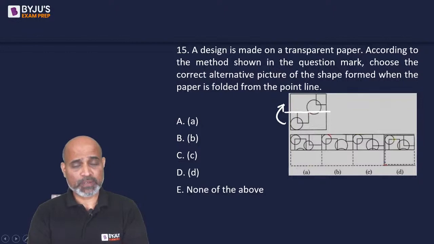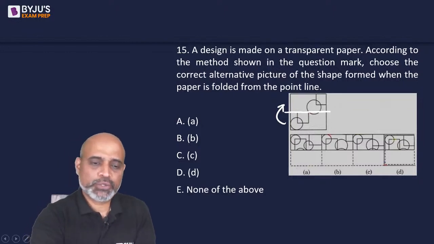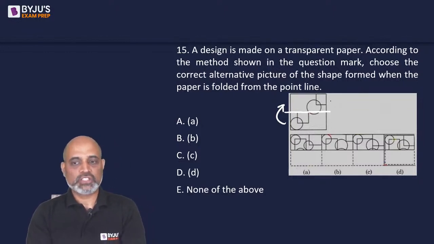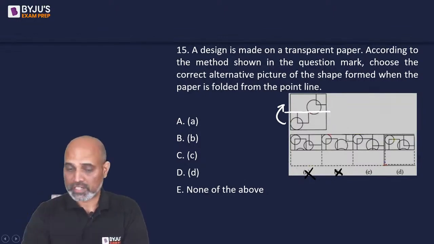So since it has been folded, can we be pretty sure that everything that we see on the top, I mean this square and the circle, should continue to stay as such? So we do have a square and a circle, but this circle is way too small. This circle and square are just touching each other, but they are supposed to cross each other, right? So it's going to be either C or D. Okay, so far.